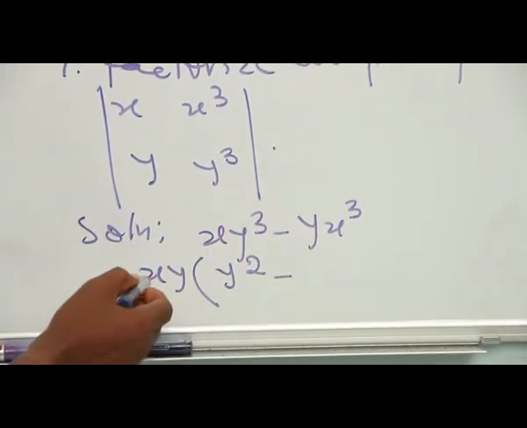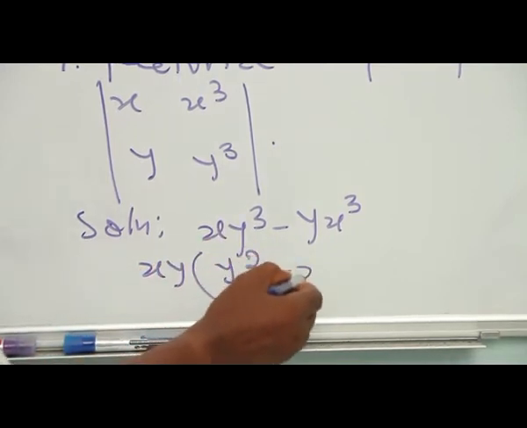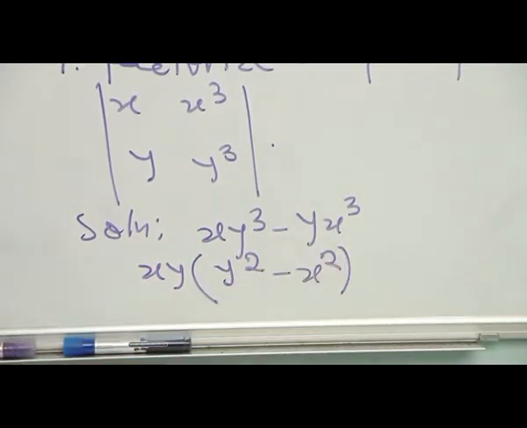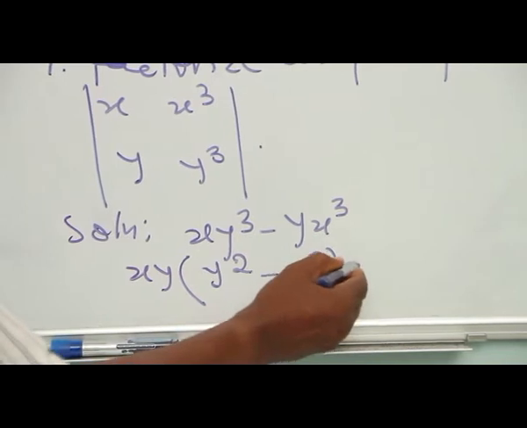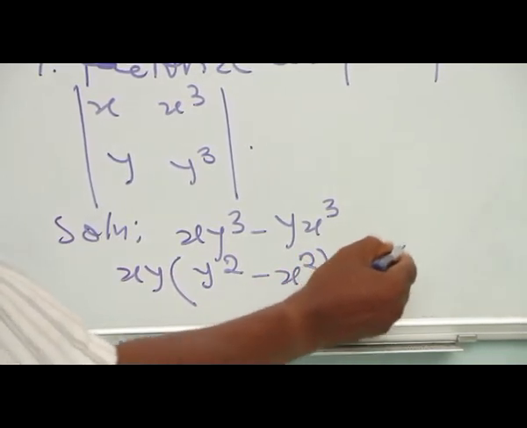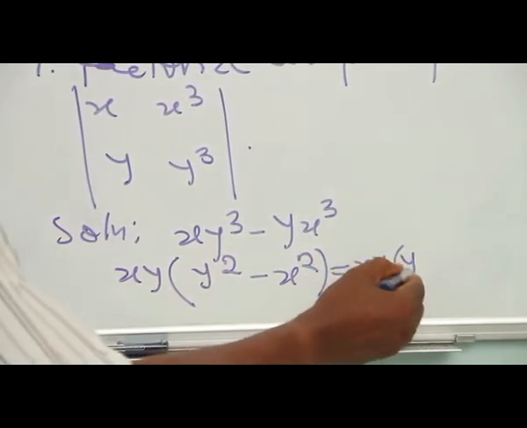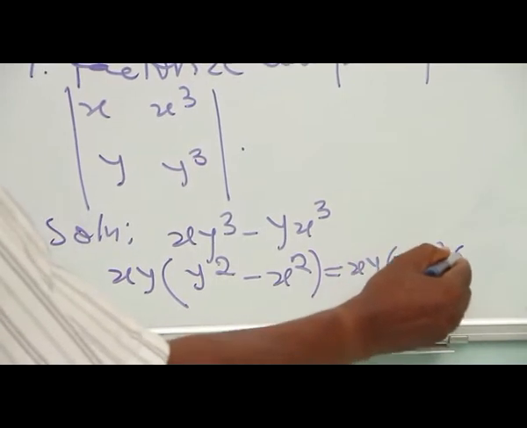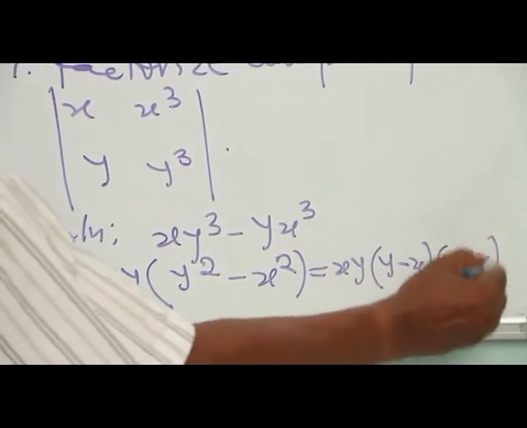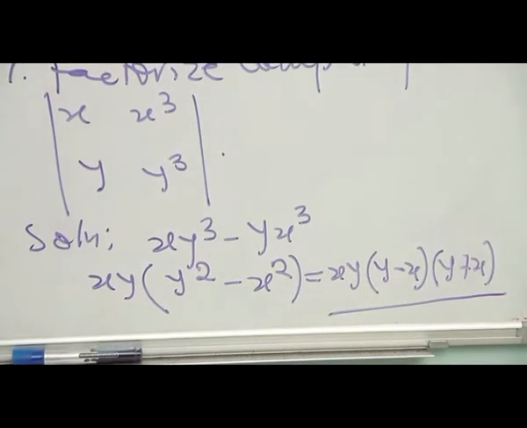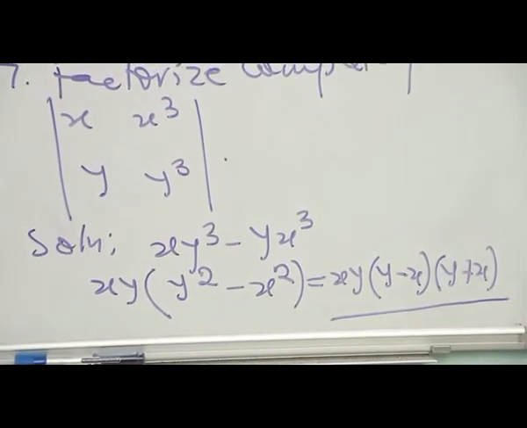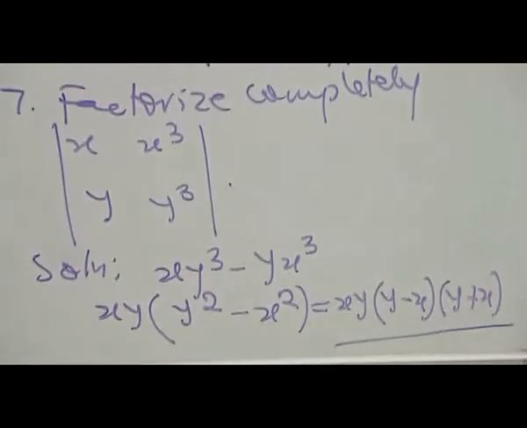One y is out and one s is out, remaining s squared. If you look at this, it becomes sy into y minus s and into y plus s. And this is the complete factorization of that given determinant.